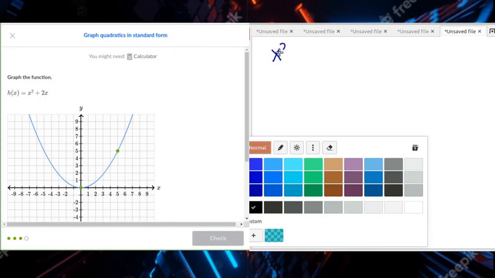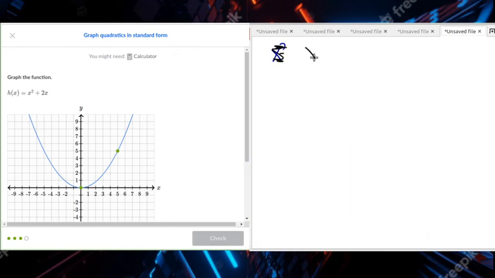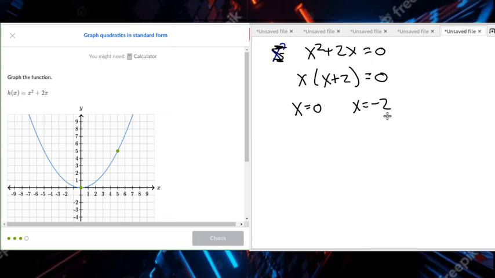So we've got, back to black here, x squared plus 2x. I'm going to find the zeros for this. This is pretty easy to factor. So I know that x equals 0, or x plus 2 is equal to 0, so x is equal to negative 2.